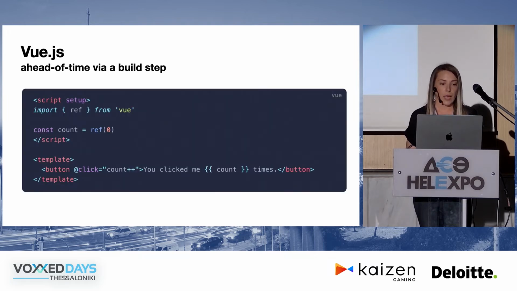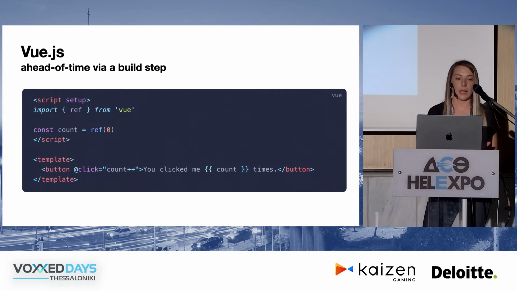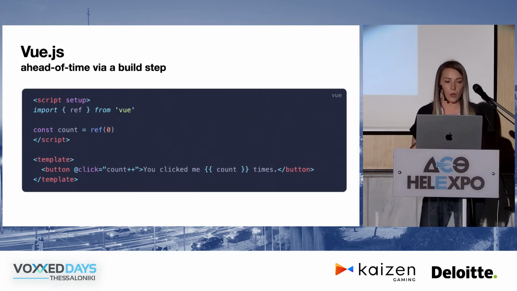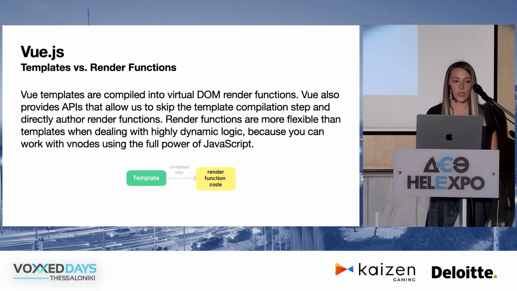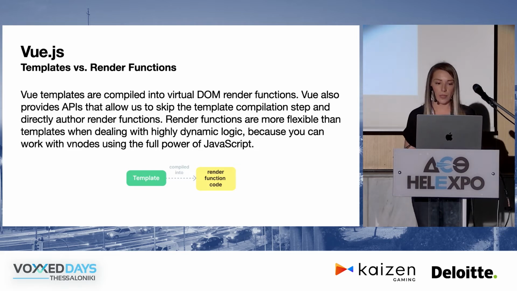Ahead of time would be this template, where the CLI compiles our code into render functions. If we use our own render functions, we would have to use the API that Vue.js provides to skip the compilation step.